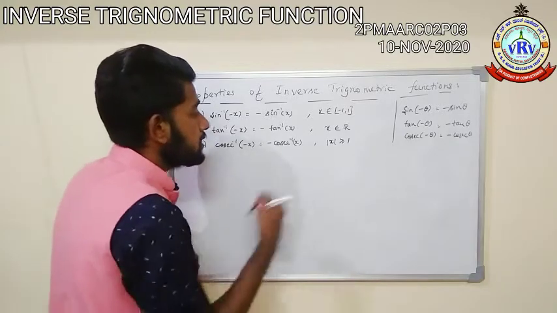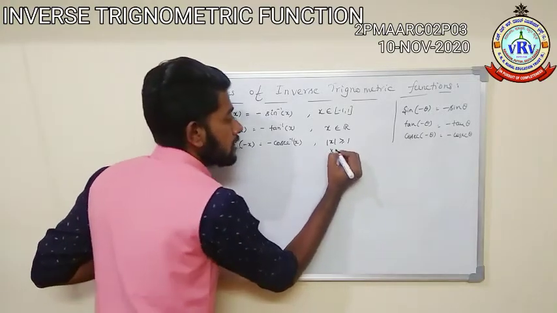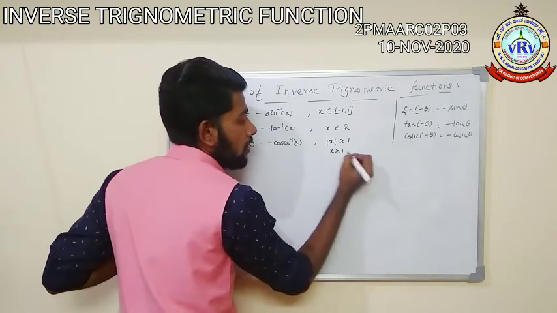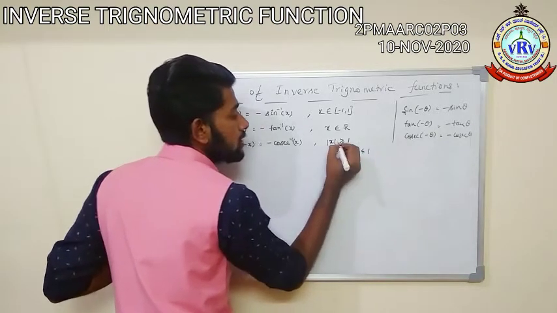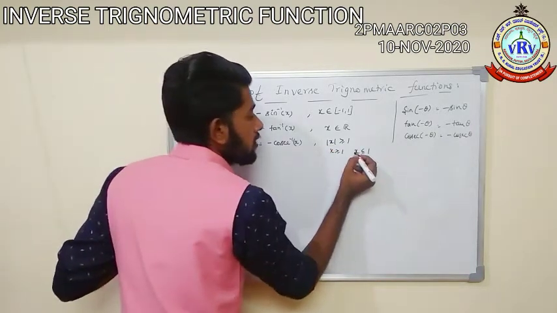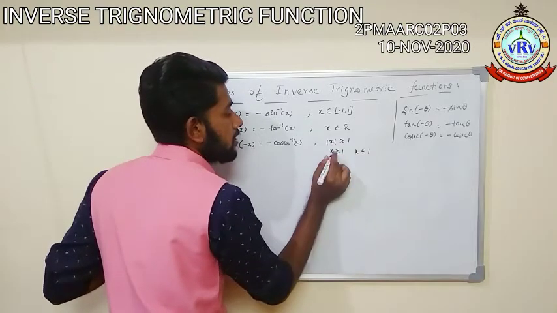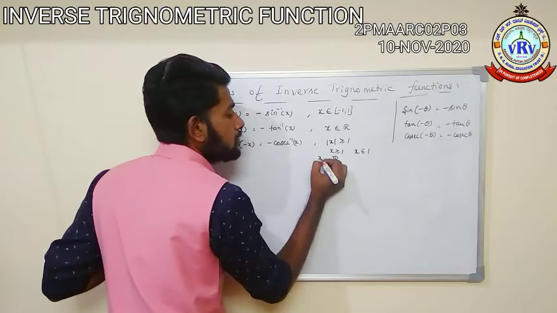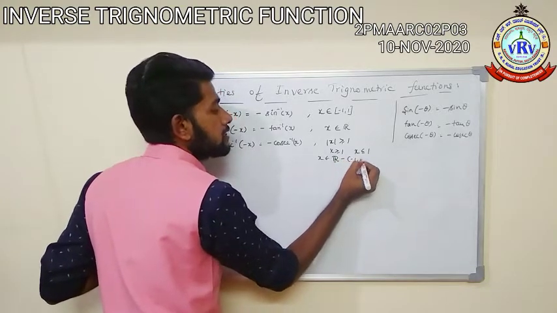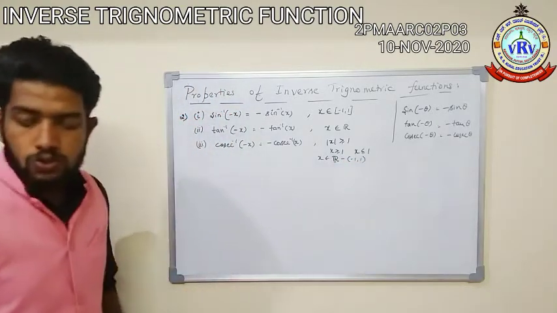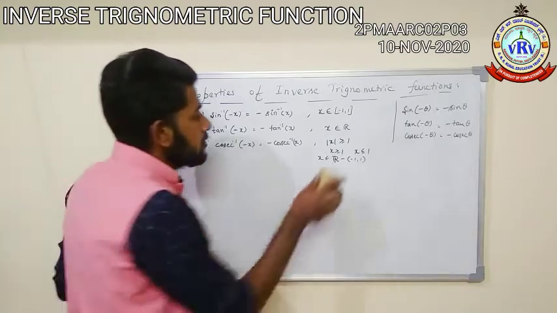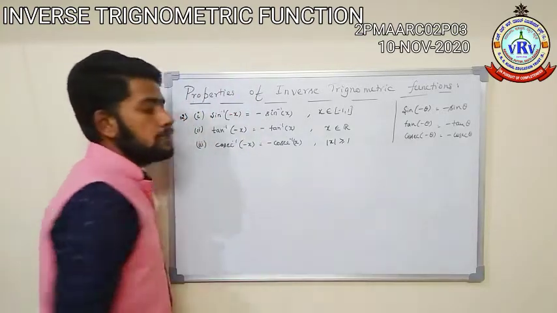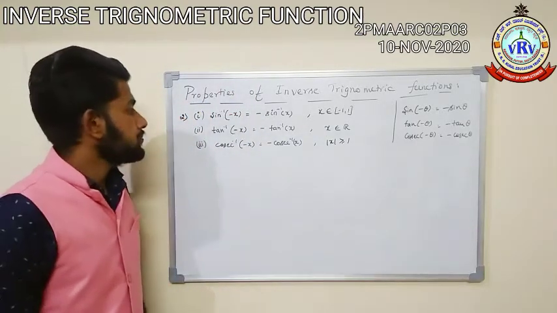This is nothing but modulus of x should be greater than or equal to 1, which means x should be greater than or equal to 1 or x should be less than or equal to minus 1, which is the same as x belongs to the real number set except minus 1 to 1. Clear? These conditions hold only in the principal value branches.